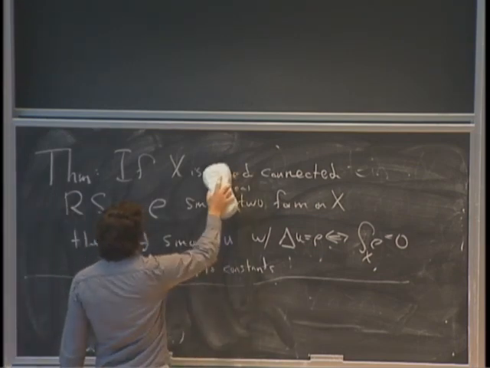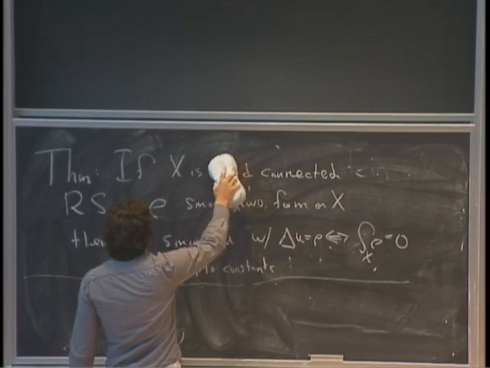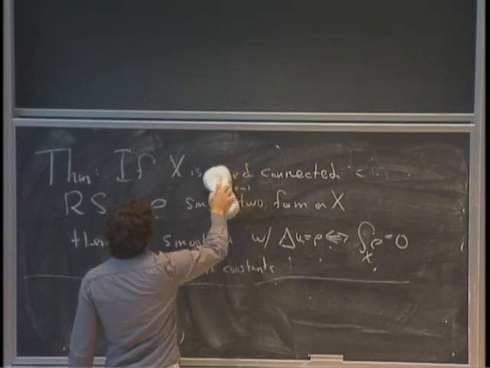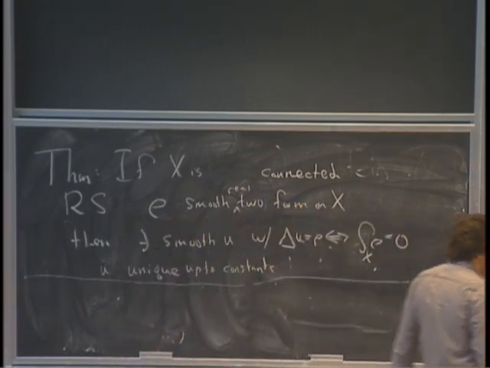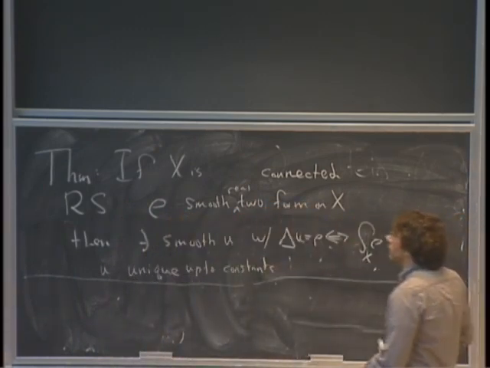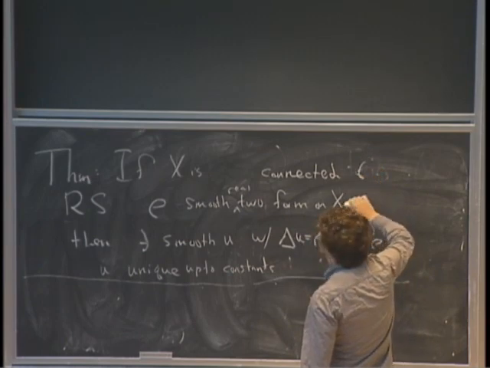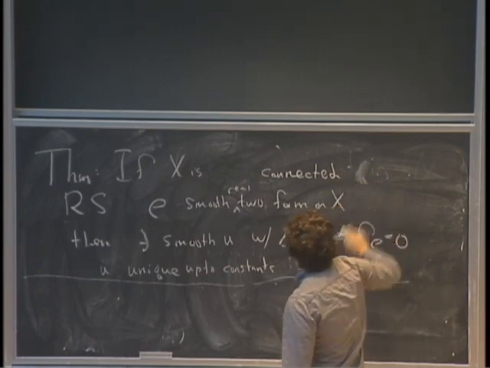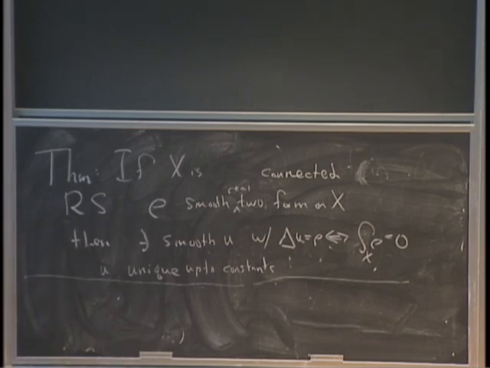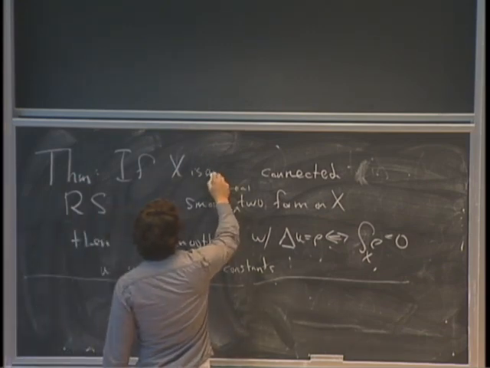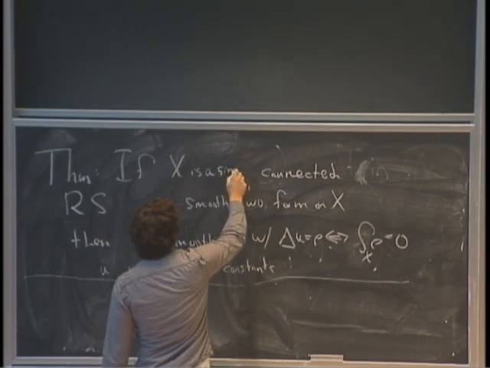So let's now say, if X is, let's drop the closedness assumption, a connected Riemann surface. I'm going to be a little careful here; let's just say, since this is what we use it for, that it is simply connected.